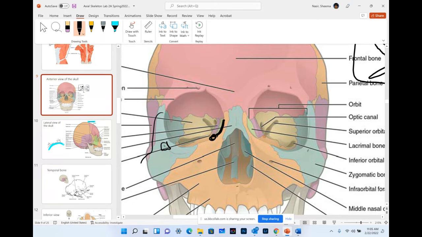So this is your nasolacrimal groove in which the nasolacrimal duct is going to be sitting, and then it is going to drain right here. And then from here, your tears are going to drip down in your nose, and that is why when you cry, you sniff.